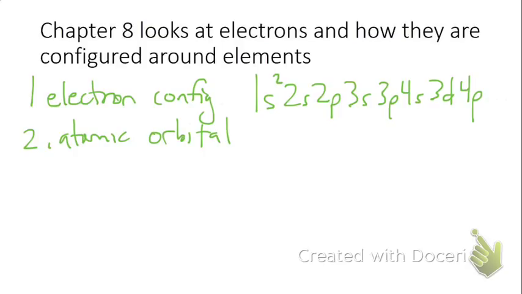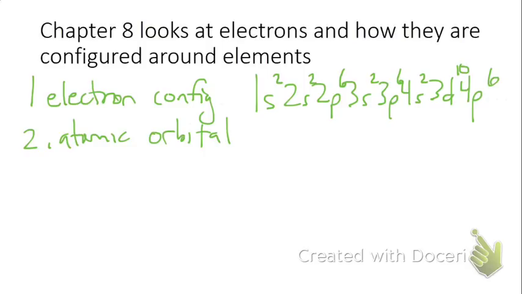So for s, you can only have 2 electrons. So here's 2, and p, you can only have 6. 2, 6, 2. In d, let's see, you can have 10. Had to think about that one for some reason.